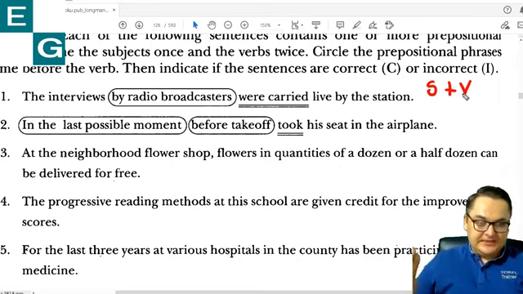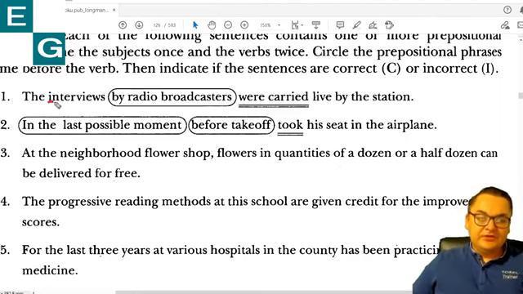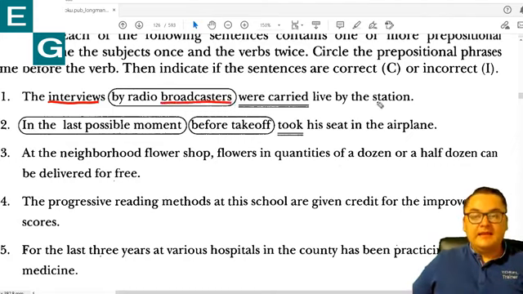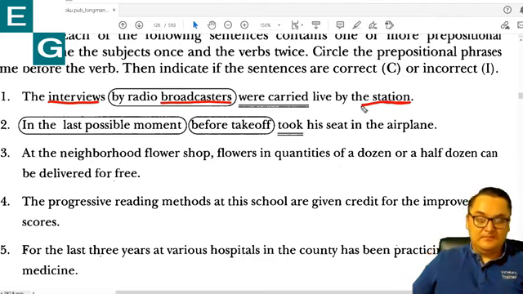So, for example, think about this one. I have the words interviews, radio broadcasters, meaning people, and live station. I have three possible nouns. How can I identify the noun?